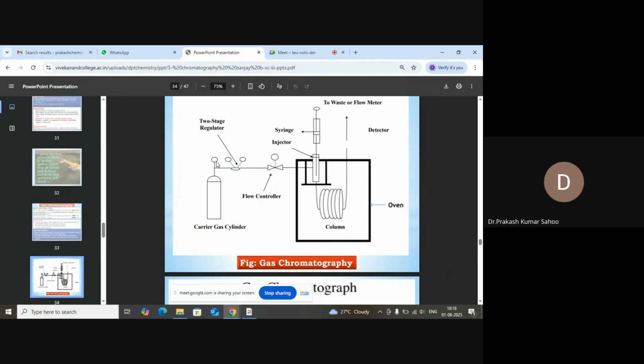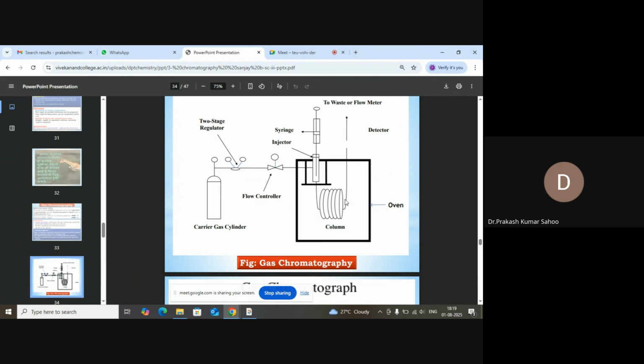This gas will have some regulator, and this gas will pass through this channel and it is injected through this injector where the sample is already there, and with some filaments which produce heat, the sample is now vaporized to vapor state, and these sample vapors are injected into the column.